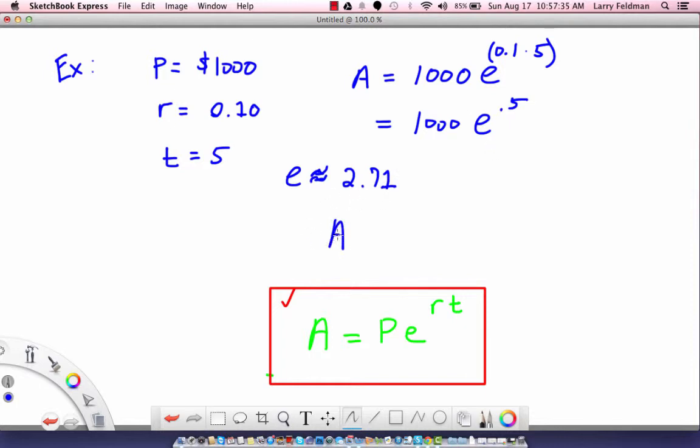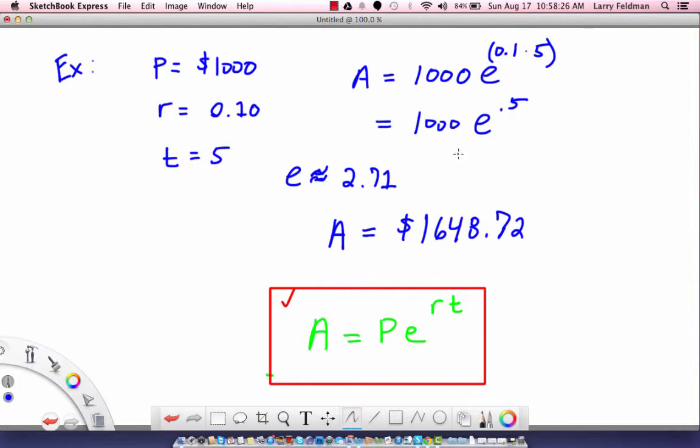And substituting in e or using the e button, we get an answer of $1,648.72 roughly. Again, this is an approximation.